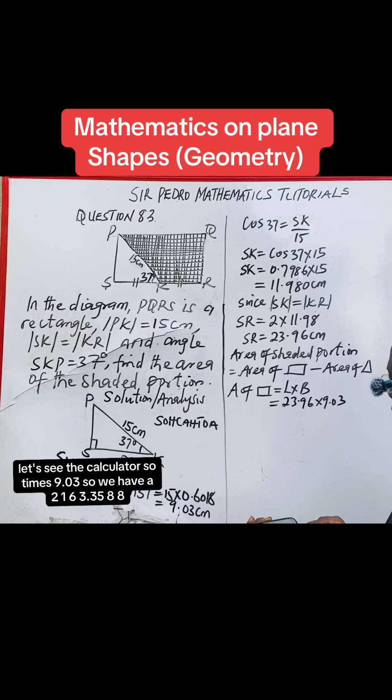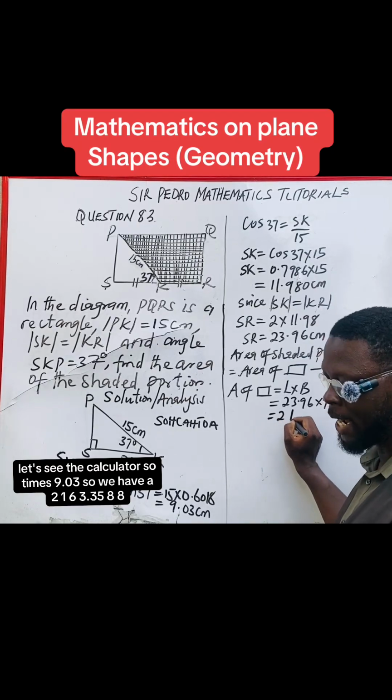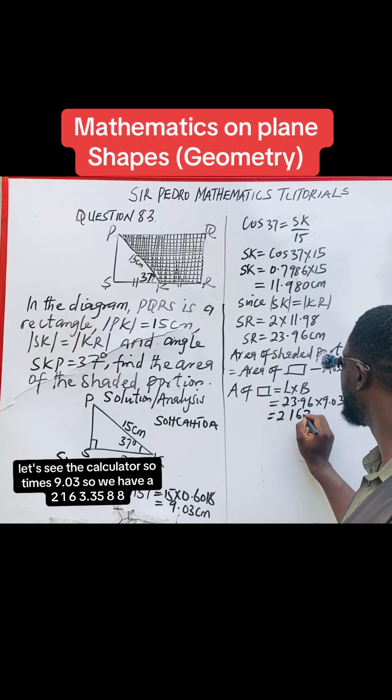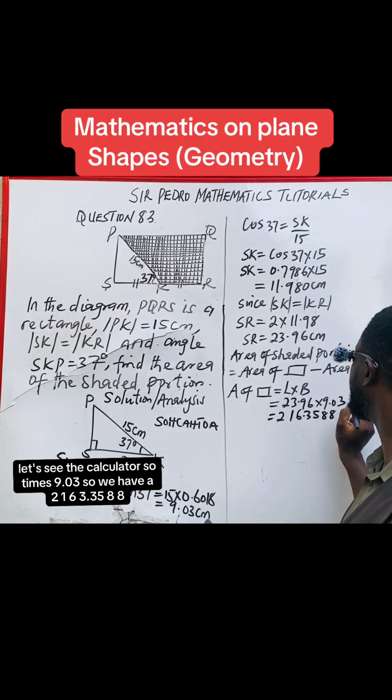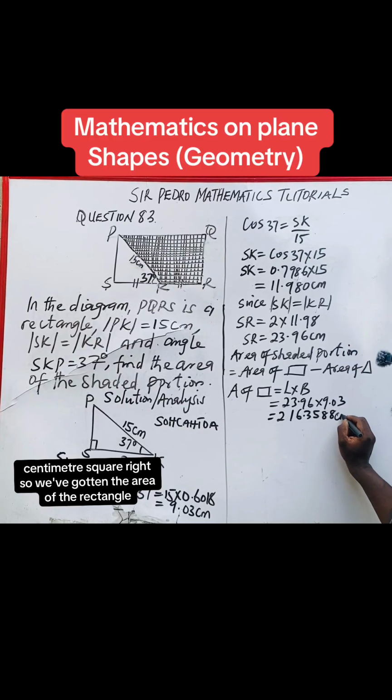Let's see the calculator. We have 216.3588 centimeter square. So we've gotten the area of the rectangle.